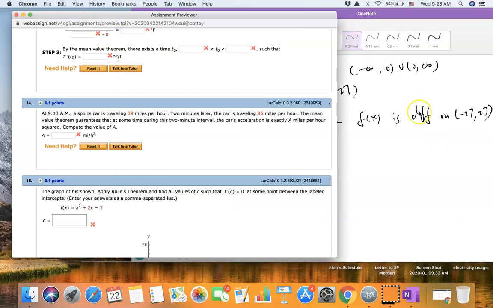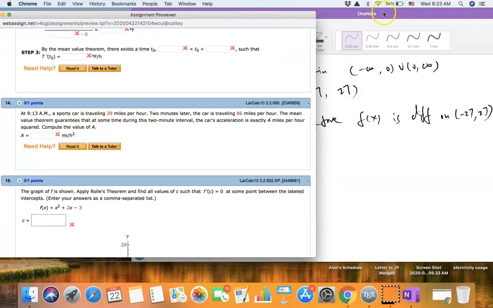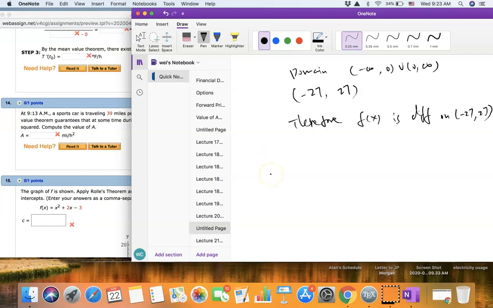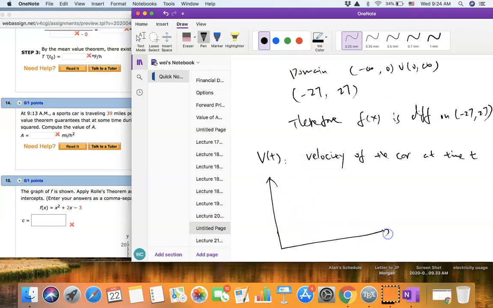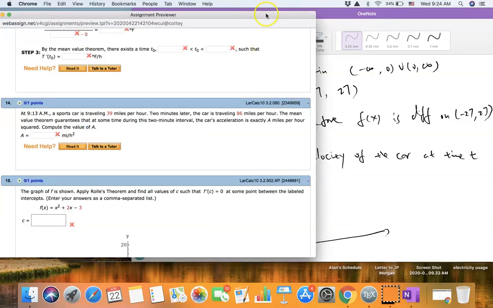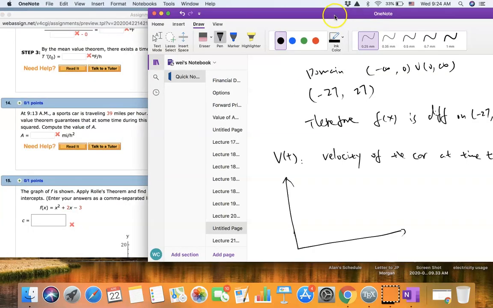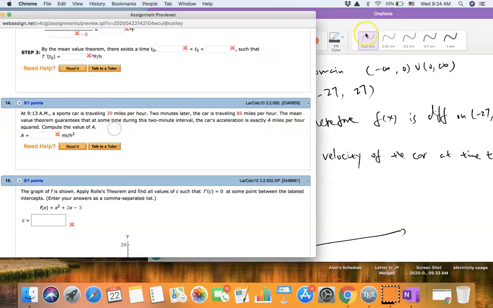Since we are talking about the velocity at different times, we have a function, let's call that v of t. This function gives us the velocity of the car at time t. Here we assume that the function is continuous and differentiable.